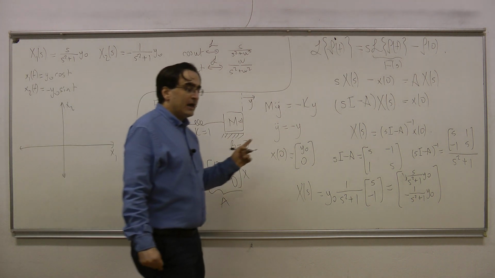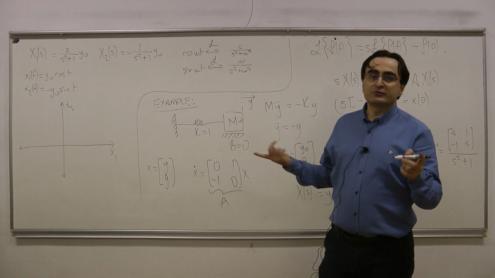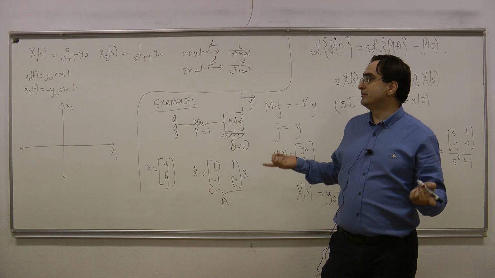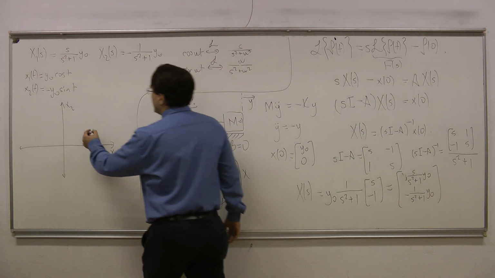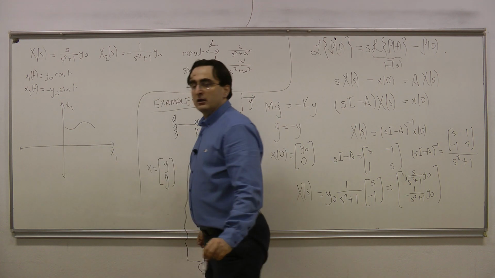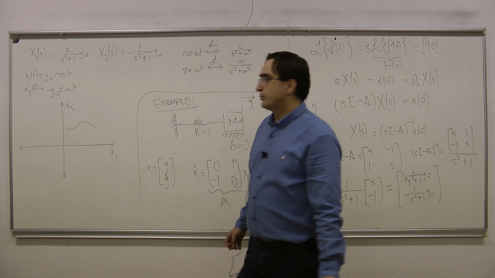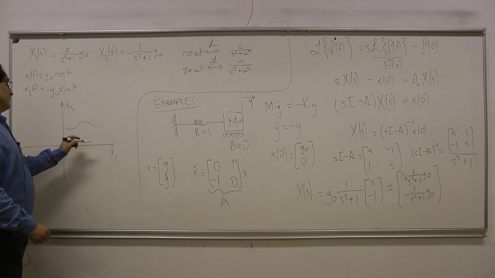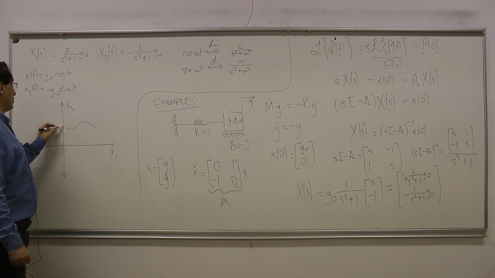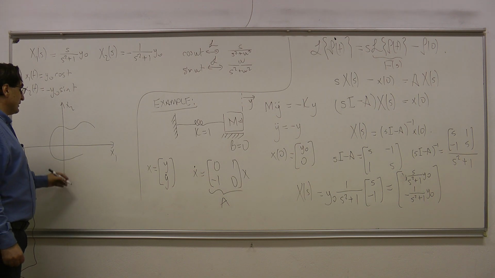In the phase plane, we need to get rid of the time variable. So in the phase plane, when I draw a trajectory, I lose the time information. If I draw a trajectory, then it would be an equation of the following form.